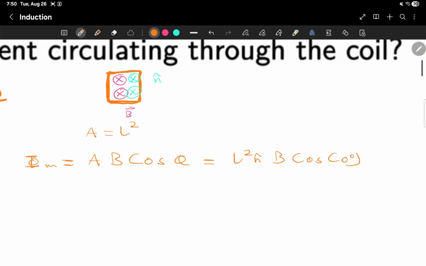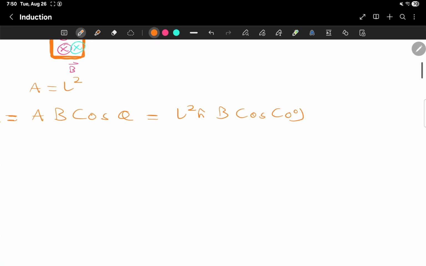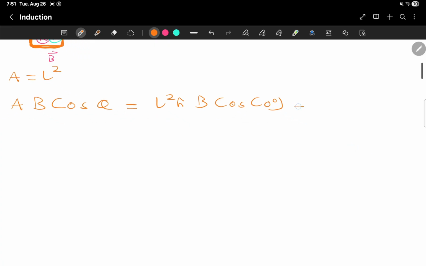This angle represents the angle between the area or normal vector and the magnetic field vector. The angle between them is 0. They're both parallel to each other and pointing in the same direction. So I'll get my calculator, but cosine of 0 should give 1. Yeah, so there we go. So that's just a 1.